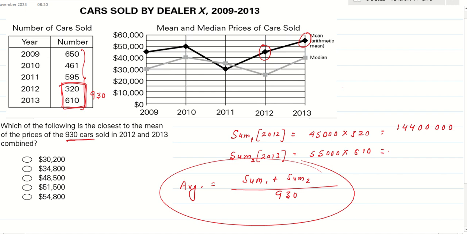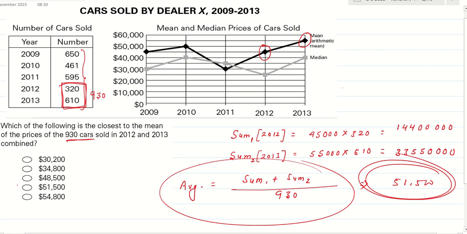Correct. What about here? 55,000 into 610. Correct. Adding together, how much we get? Divided by 930. You are right. Approximately you will get 51,500. Right answer.